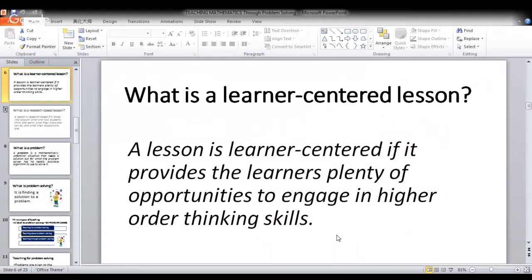And this is now the K to 12 curriculum. It is encouraged that in our lesson, we should have enabling questions that promote thinking in our classroom. We should prepare an activity that promotes problem solving skills. So to do that, we should be prepared about enabling questions in our classroom.